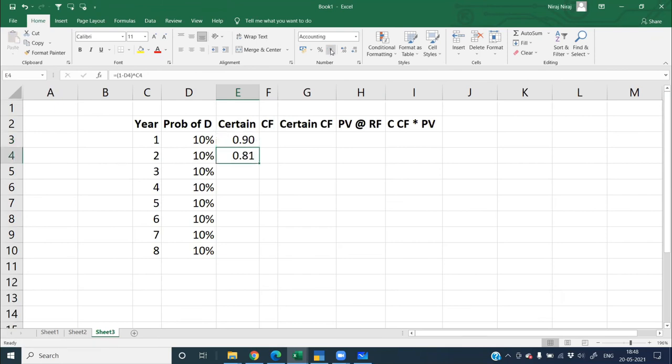So probability of certainty in the second year will not be 1 minus 10%. It will be 1 minus this raised to the power 2, because we will have to take some component of years also, because every year your probability of default of first year, second year will get clubbed when you are calculating the probability.